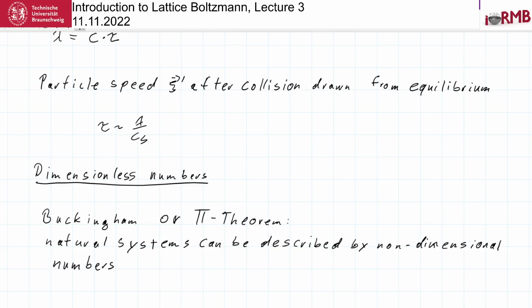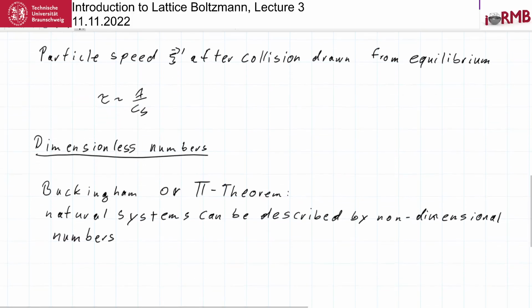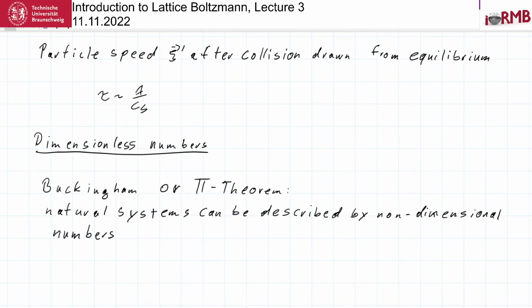So a physical system is usually described by things that have units. So we can describe it by dimensional numbers first. So for example, the velocity u gives us a velocity scale.